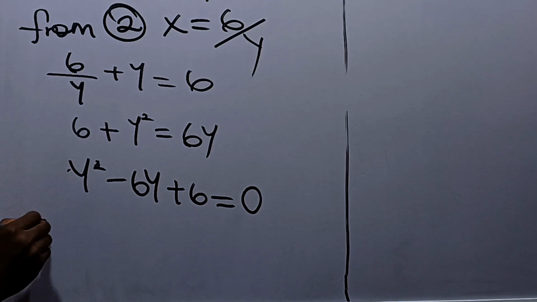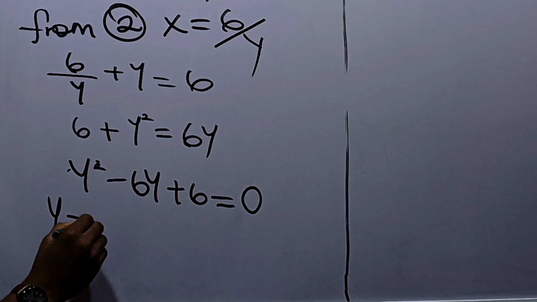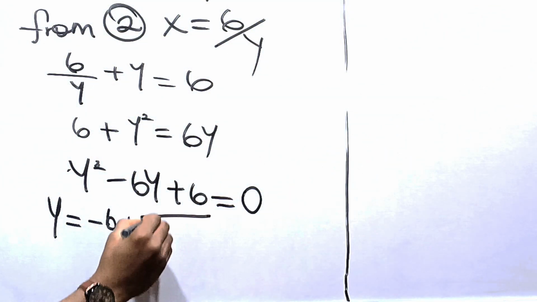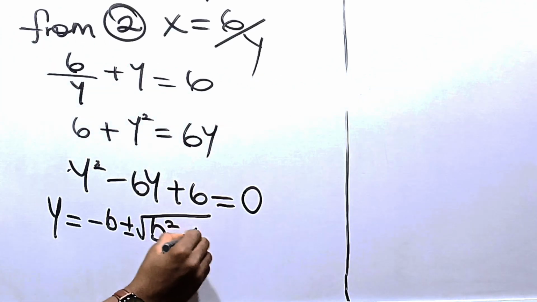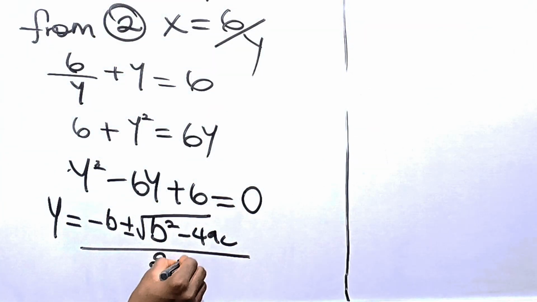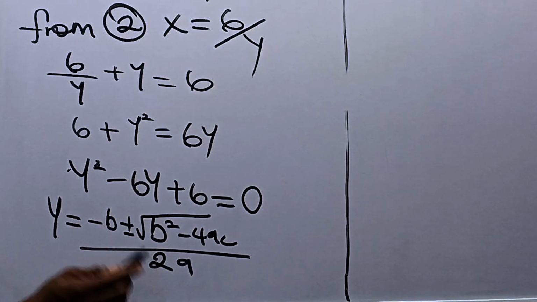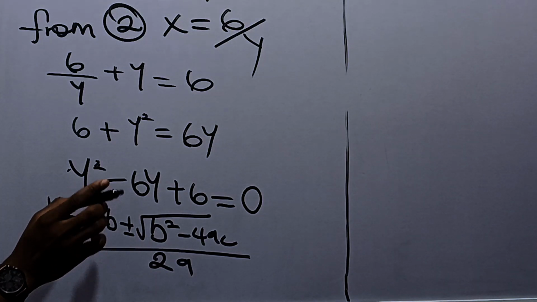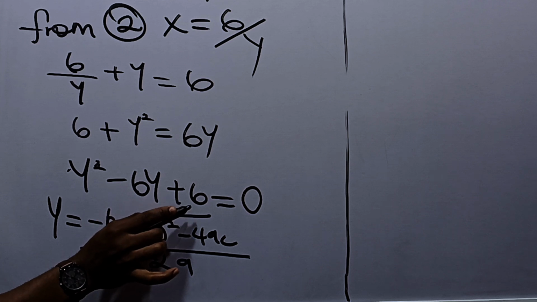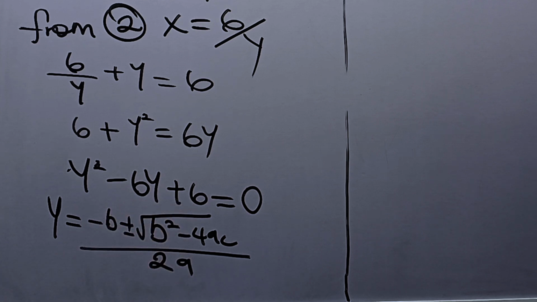The quadratic formula states that y will be equal to minus b plus or minus square root of b squared minus 4ac, all over 2a. Where a is the coefficient of y squared, which is 1, b is the coefficient of y, which is negative 6, and c is the constant term, which is plus 6.